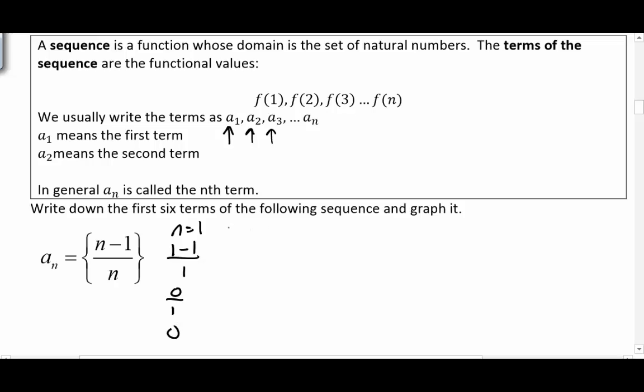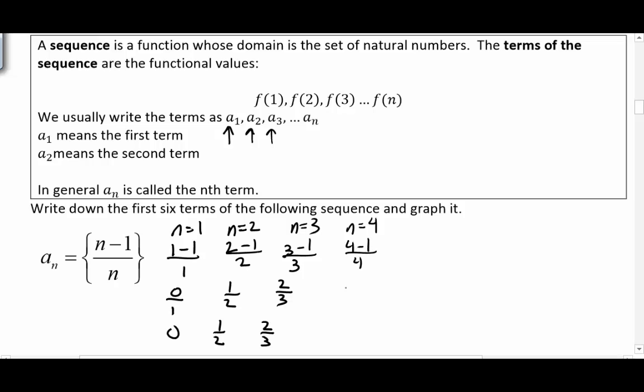And then I'm going to generate n equals 2. And so 2 minus 1 over 2, so that's 1/2. So there's our next number. And then n equals 3. So again, just evaluate it at 3. So 3 minus 1 over 3, I get 2/3. N equals 4. So 4 minus 1 over 4. Just jump down here. It's 3/4. 5.